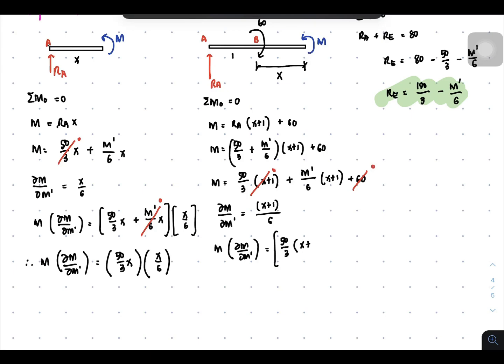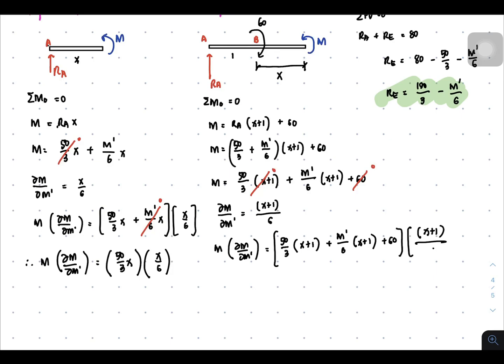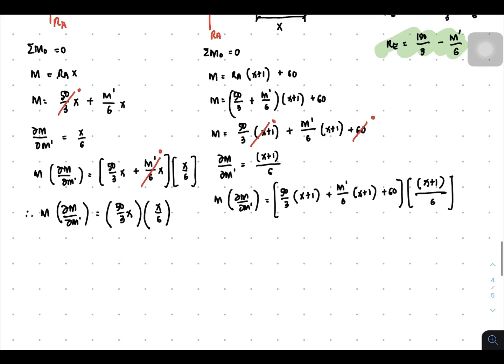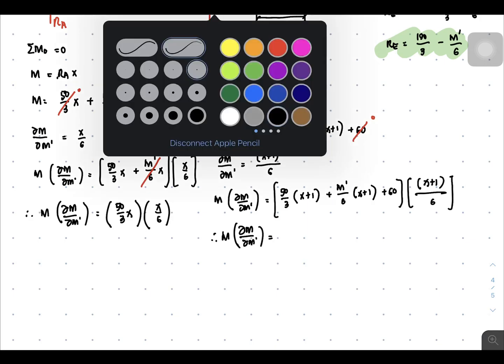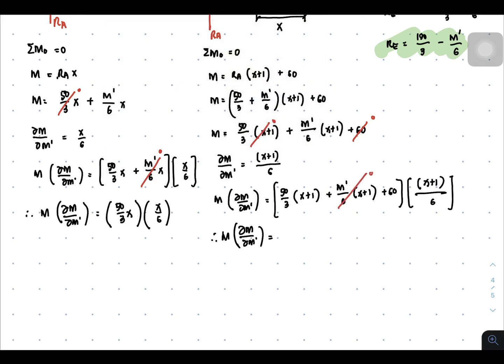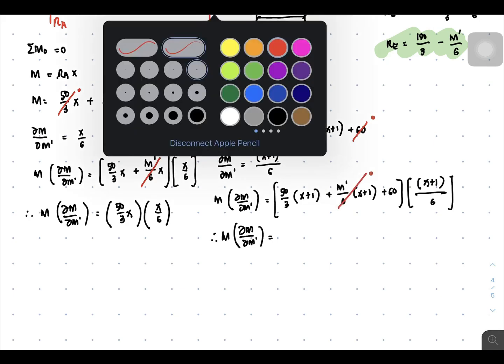50 over 3, just copy the m, the final m, then plus m prime over 6 x plus 1 plus 60, and do not forget the partial derivative function x plus 1 over 6. And this time, the final product of the two terms is equal to, since we will now be setting m prime to permanent 0.